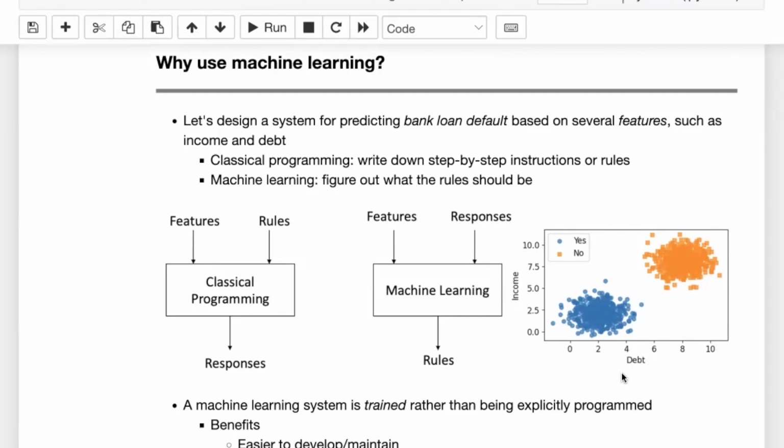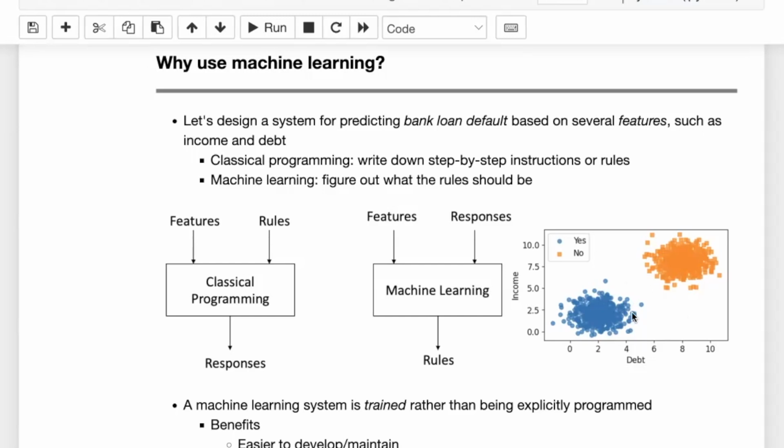You can see that each data point has these XY coordinates. One is debt, the other one is income. And you can see in this synthetic data set that we obviously have a clear separation between these two classes. And the goal of machine learning is to find the rule that separates these two classes.